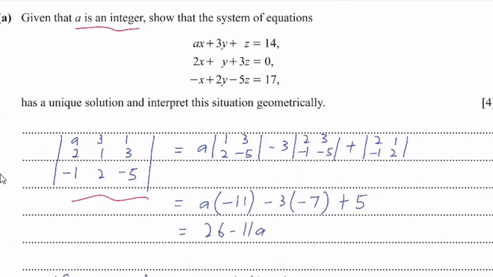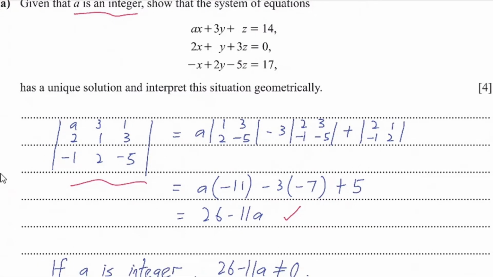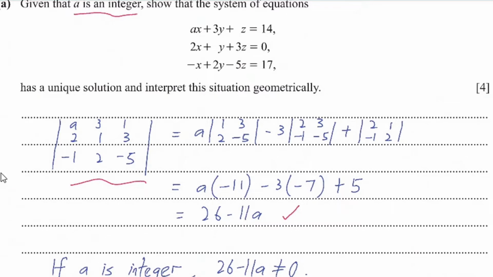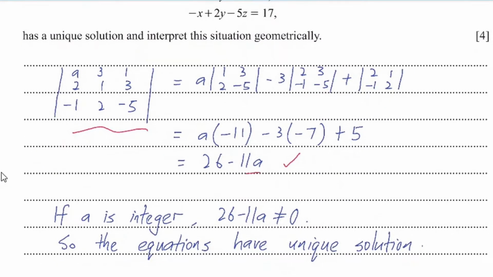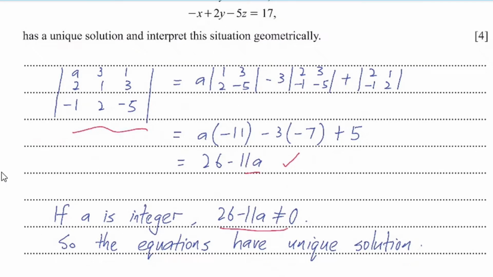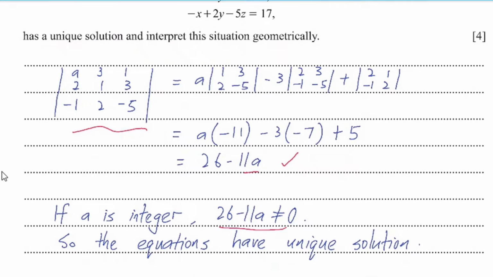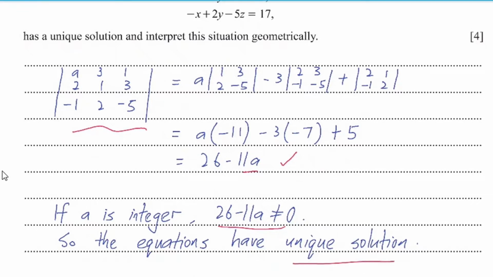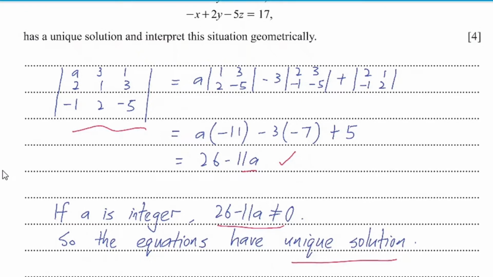So we could find the expression for the determinant. We can argue that if a is an integer, then 26 minus 11a, which is the expression for the determinant, would not be 0. So in this case, the equations will have a unique solution.